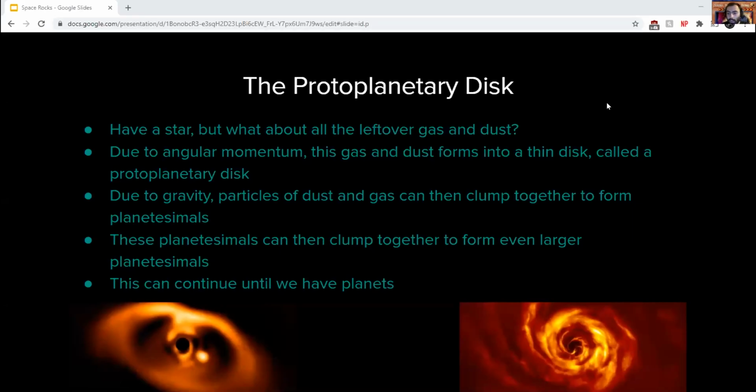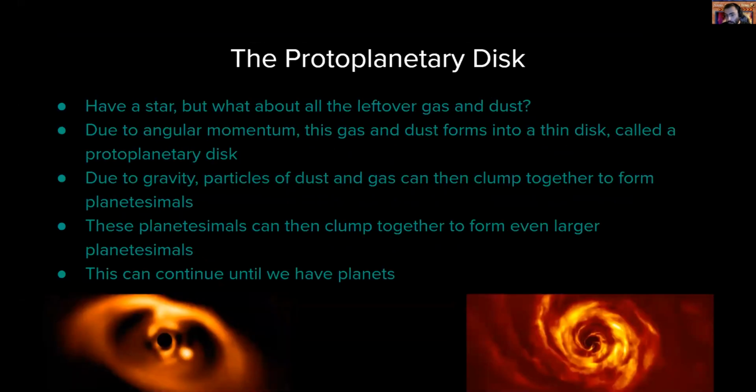Around the center of the image where you would see the star, you can see a swirling disk of gas and dust, and that's the protoplanetary disk. In the bottom left image, you can see a pretty clear bright circle in the bottom right of that image. That's an exoplanet that's in the process of being formed.